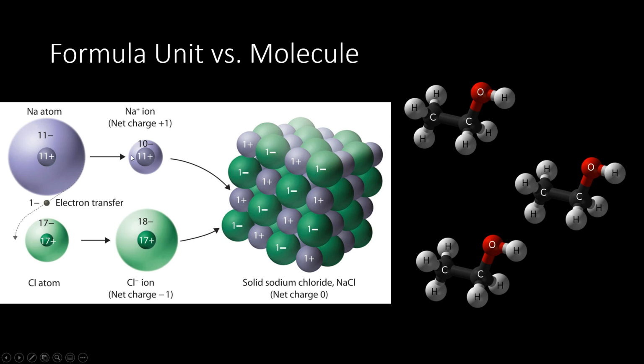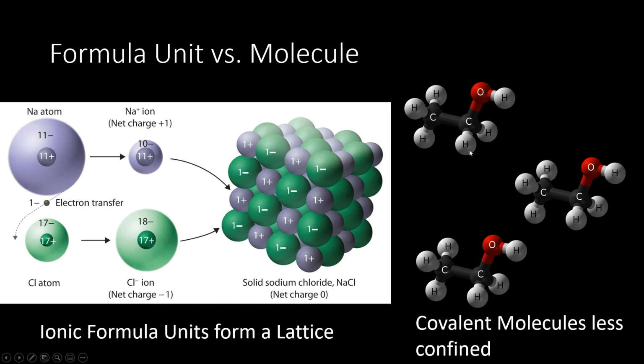So by losing an electron, sodium becomes positive, and by gaining that electron, chlorine becomes negative, and these positive and negative ions just stick together over and over again in a lattice. So a formula unit is the smallest repeating thing in that lattice, whereas molecules are these independent, freestanding atoms that are bonded together. So there's a definite beginning and end between that and the next one.